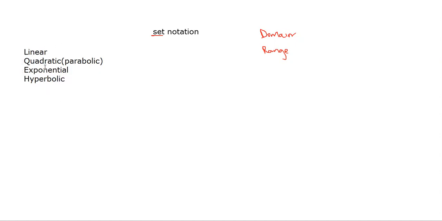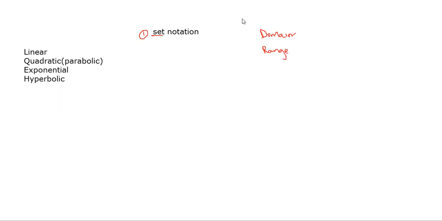Remember, I said we also have trigonometric functions, but we mainly do those when we do trigonometry. For each of these functions, they can be represented differently, in different notations. Set notation is one way in which they can represent these functions. In set notation, we look at domain and range.